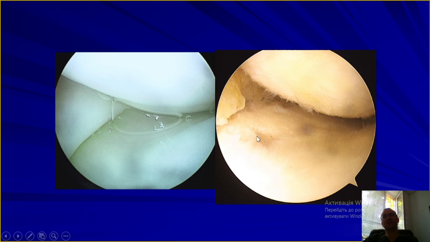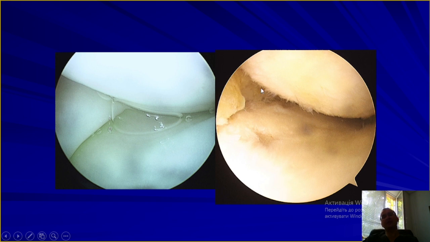The cartilage is not so soft, it is not so beautiful. You see this small, just like needles on the surface of the cartilage.